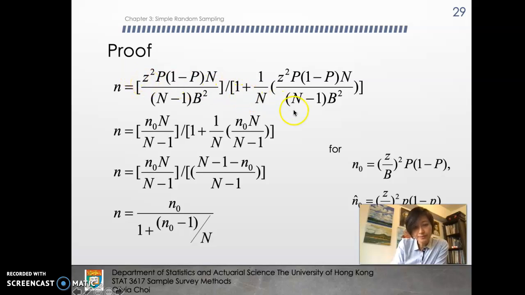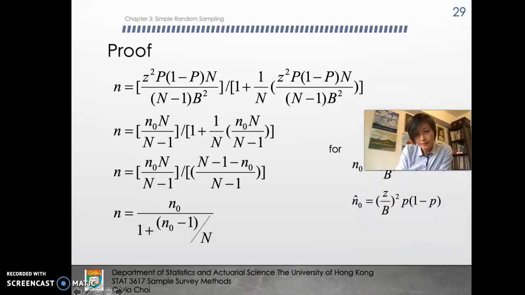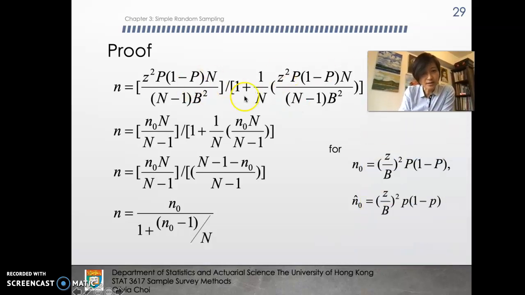This would be what happened. Then it looks so ugly, but actually if you look at it clearly, we find Z squared divided by B squared multiplied by P times 1 minus P. This bit equals n naught.